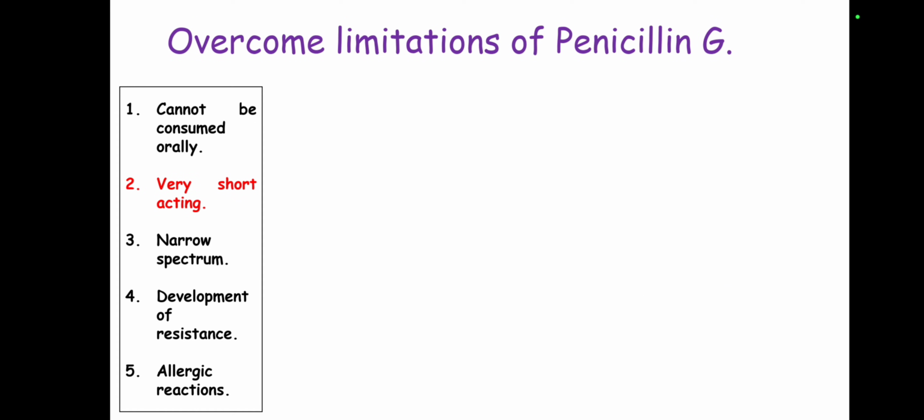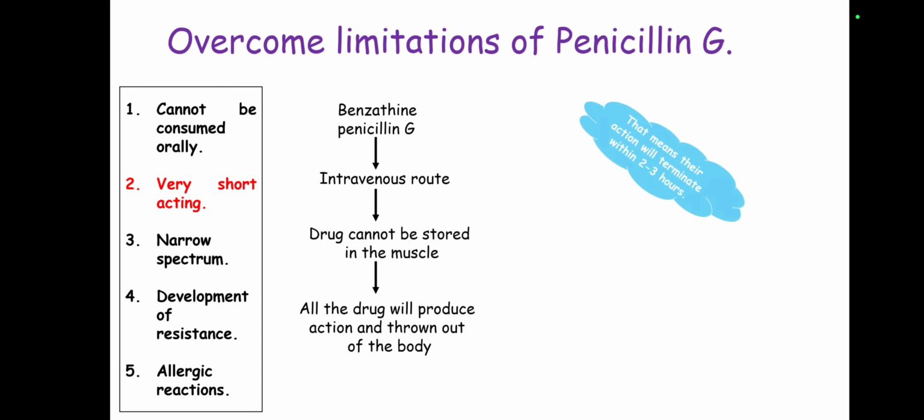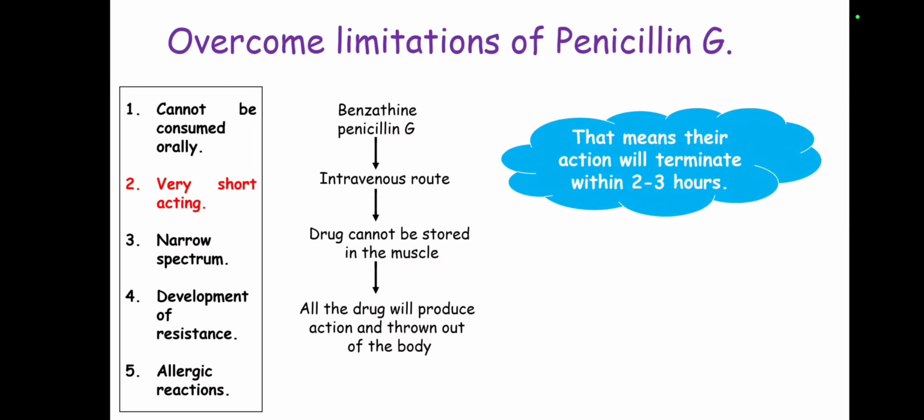Now, suppose we give benzathine penicillin G by intravenous route, then what will happen? Obviously the drug cannot be stored in the muscle. All the drug will produce the action and be thrown out of the body. So that means their action will terminate within 2 to 3 hours.